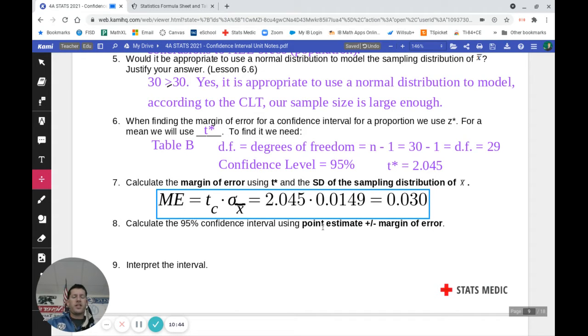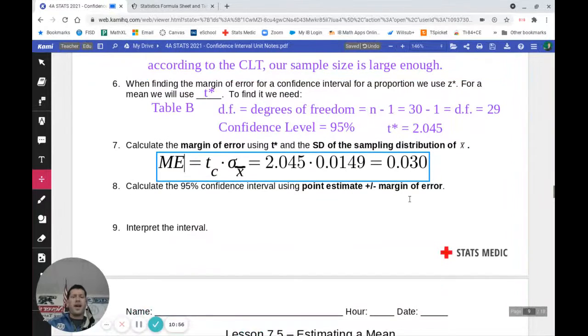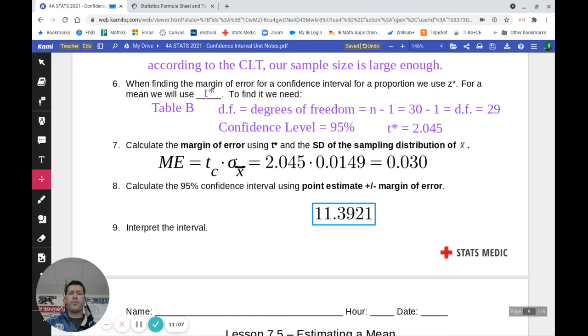So our margin of error, we're going to take the point estimate. To find our confidence interval, we're going to take a point estimate, add and subtract our margin of error. So our point estimate all the way up at the beginning is our sample mean, that 11.3921. We're going to add to it 0.03, and we're going to subtract from it 0.03 as well. So I'm going to take that 11.3921.